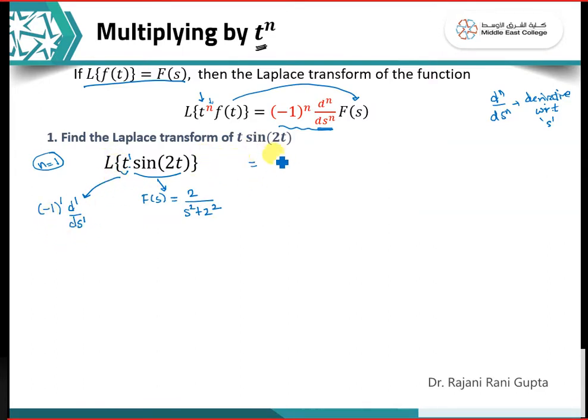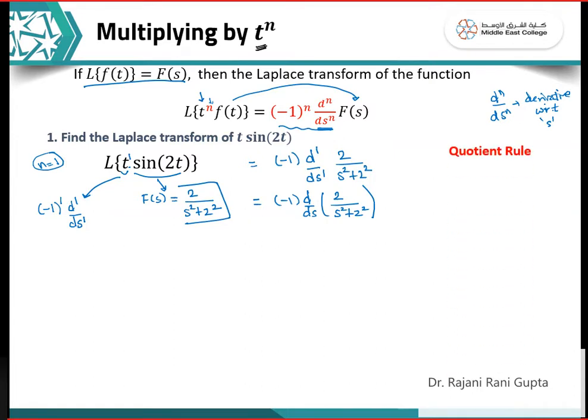So we get minus 1, d^1 over ds^1 of F of s, which is 2 over s square plus 2 square. Now you have to find the first derivative, so it is the same as minus 1 d by ds of 2 over s square plus 2 square. How do we find the derivative?